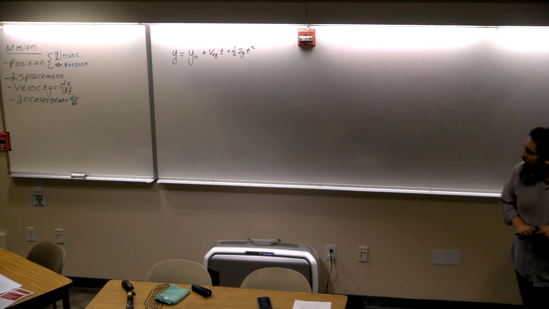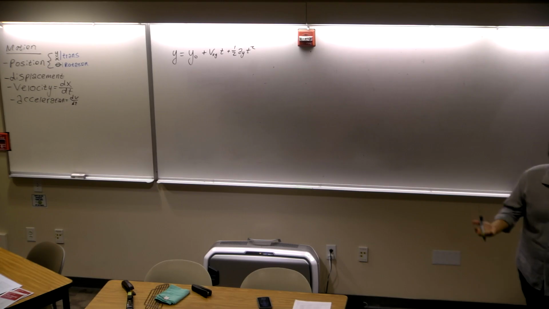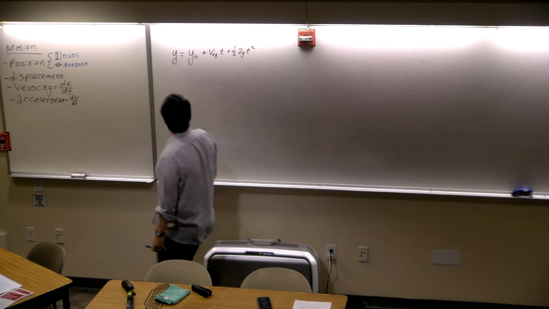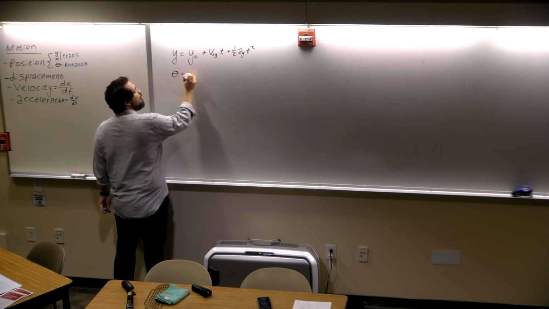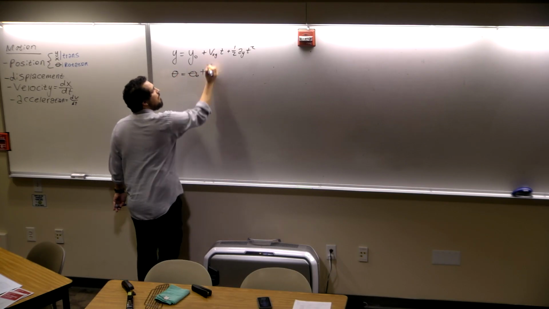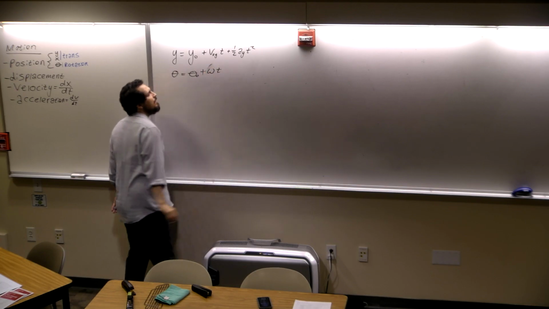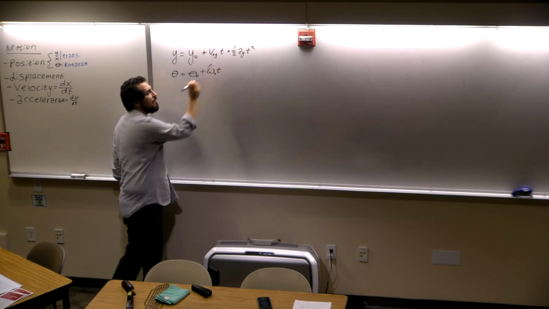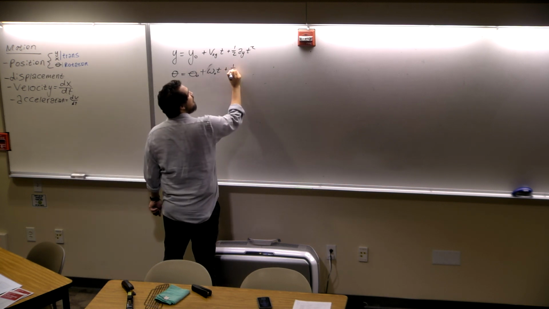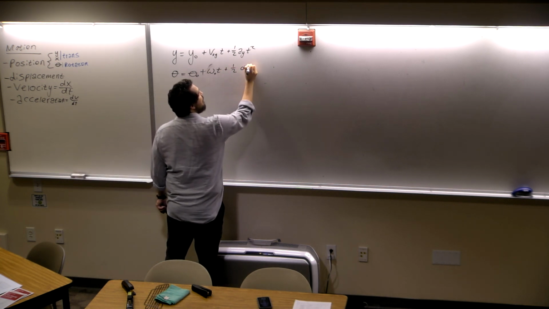But then we looked at rotational motion. We said, well, how does rotational motion behave? We say, okay, an object is rotating. If an object is rotating, we might have some theta value that we are concerned with related to some angular velocity, omega, and some angular acceleration, alpha.